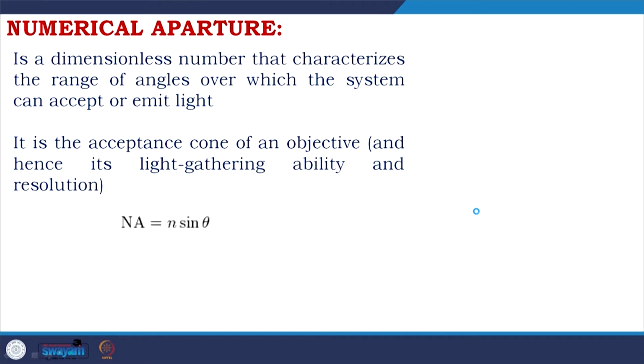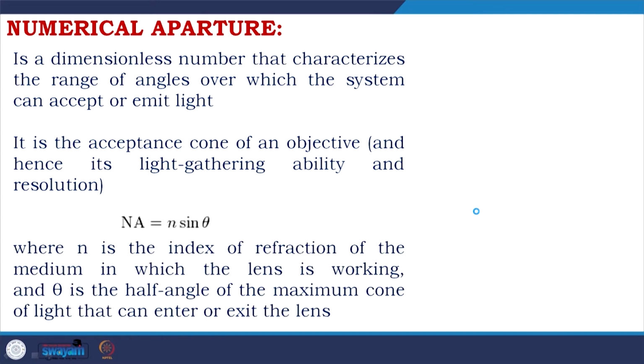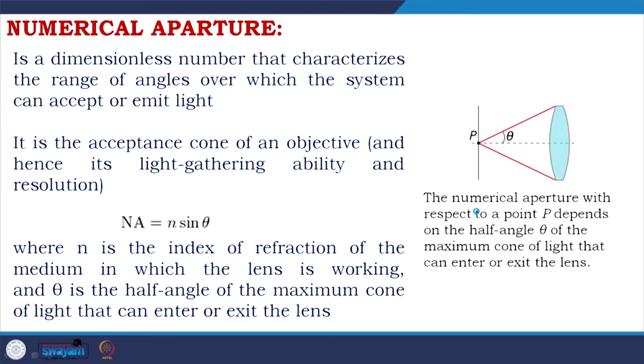Numerical aperture equals n sin theta, where n is the index of refraction of the medium in which the lens is working and theta is the half angle of the maximum cone of light that can enter or exit the lens. So, here if you see, the numerical aperture with respect to a point P depends on the half angle theta of the maximum cone of light that can enter or exit the lens.